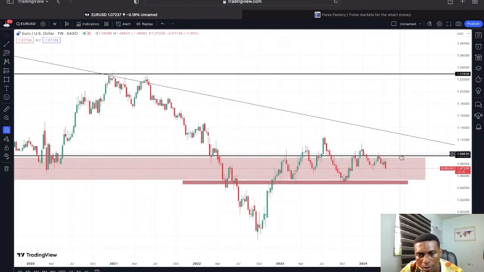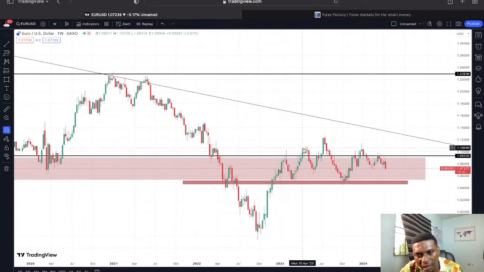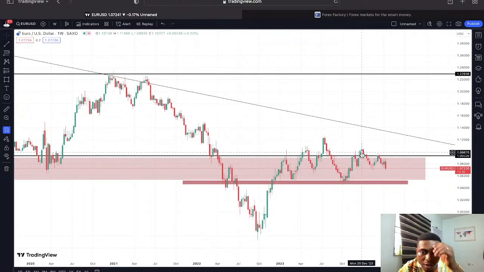Now we can also see that price has been creating a higher high at this level, before we see that price really went down, came to test this support zone, and then rose back to the resistance zone.